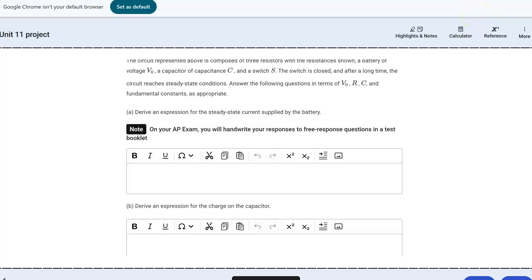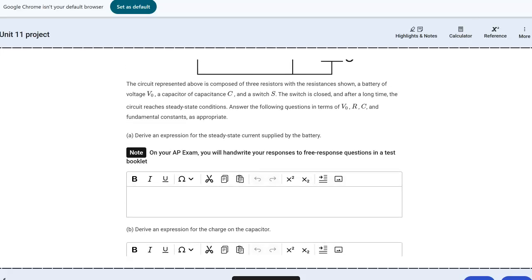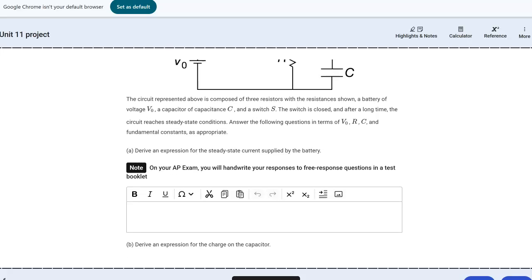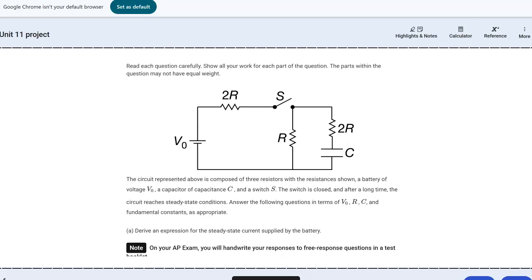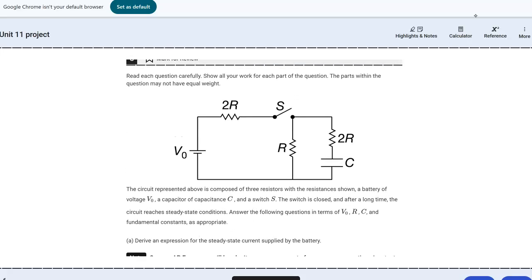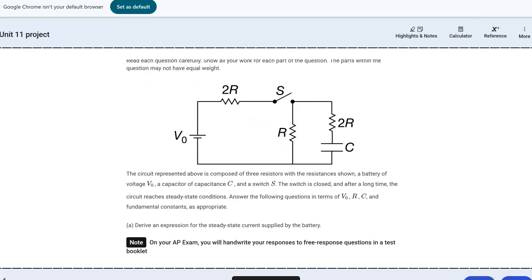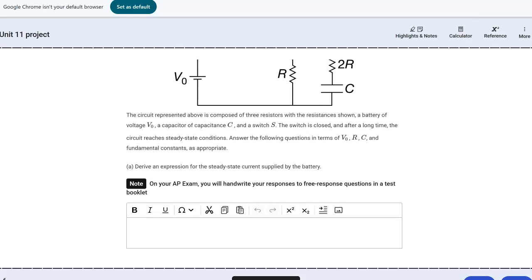So, draw an expression for the steady state current supplied by the battery. The right 2R is going to carry no current because the capacitor is acting as an open circuit.